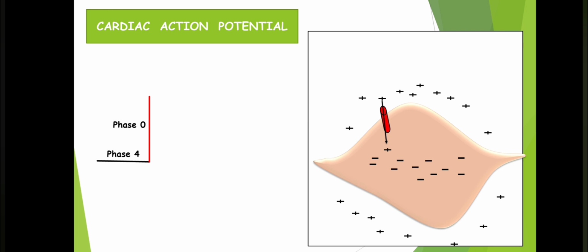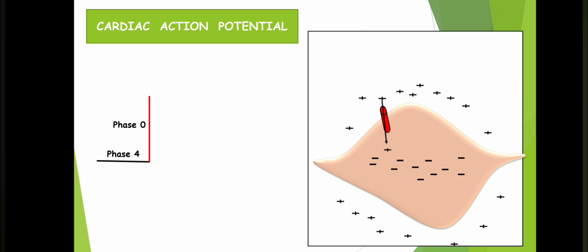It is only and only for SA node and AV node. Except SA node and AV node, for all other myocardial cells, depolarization occurs because of opening of sodium channels. So this thing you should remember. For all the myocardial cells except SA node and AV node, depolarization occurs because of influx of sodium ions. But in the case of SA node and AV node, depolarization occurs because of influx of calcium ions.